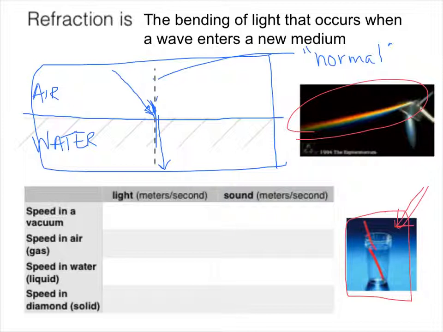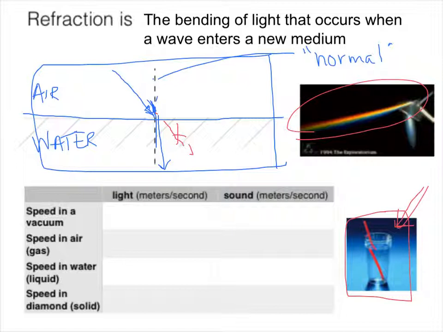It's not going to continue traveling in a straight line. Instead, the wave is bent. The reason that the direction it travels changes is because the speed at which it travels changes.